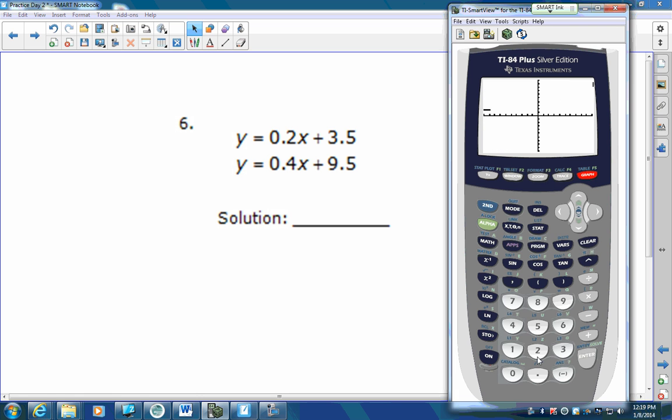Now when you graph, remember this is not parallel, but now I need to look in the table. It's going to be some kind of negative number, but the problem is I don't know if we're actually going to find it on here.